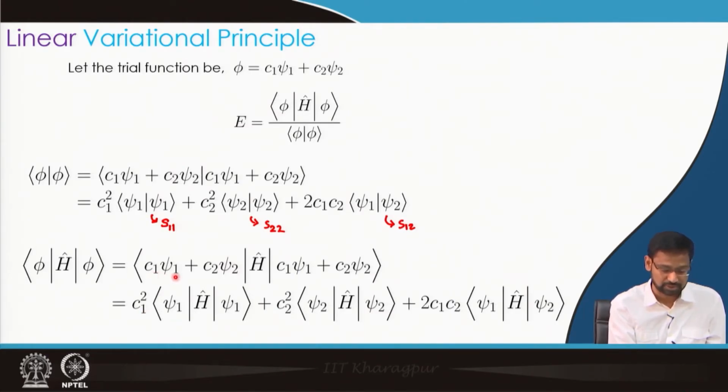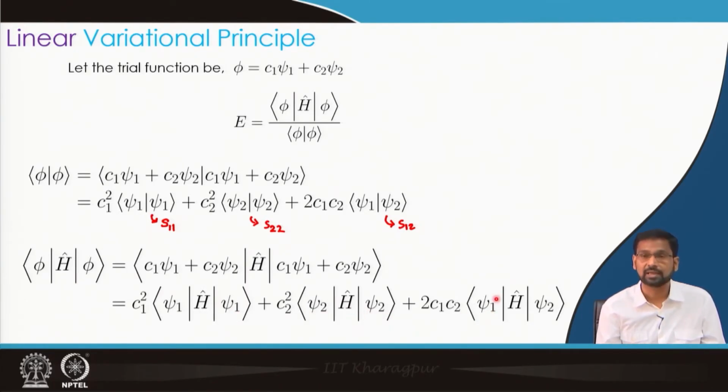I have here C1 psi1, the Hamiltonian, and C1 psi1. When I took these three terms, I would get C1 square outside the integration, psi1 H psi1. So, this is now my energy integral with respect to psi1, one of those known wave functions that I am starting with. This is the Hamiltonian, and similarly I will get a term with respect to psi2, the matrix element of the Hamiltonian operator with respect to psi2, and then the cross term.